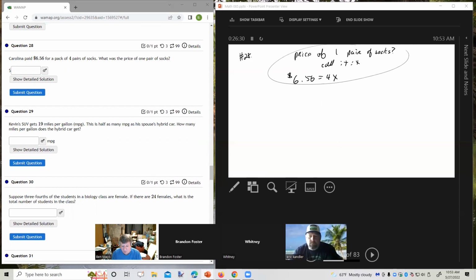So practicing when they're the more basic ones will help you with the more complicated ones. That's why, even though you might say, well, just take 6.56 divided by 4, which is exactly what we're going to do now, setting it up is an important part of the process. Okay. So $6.56 divided by 4 is $1.64.